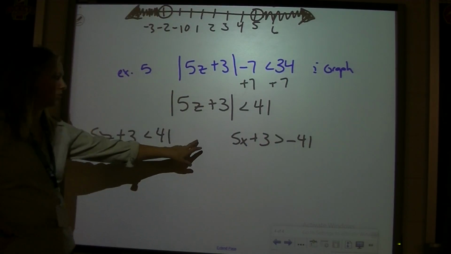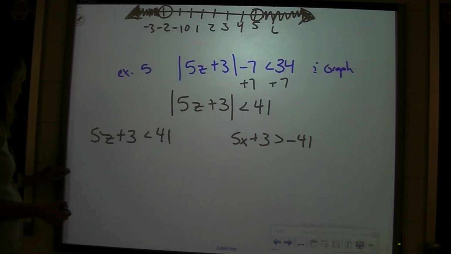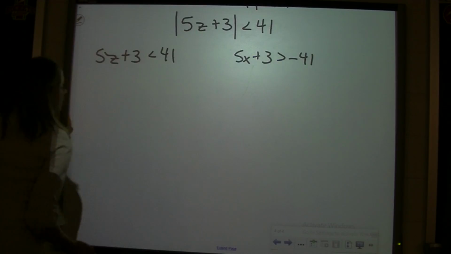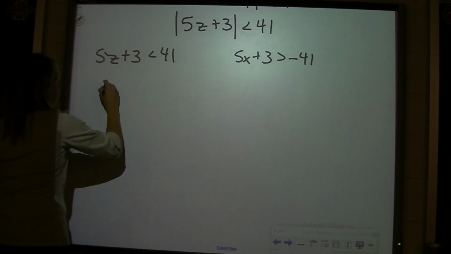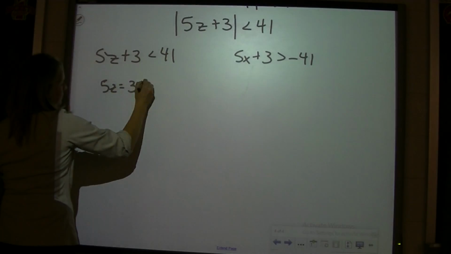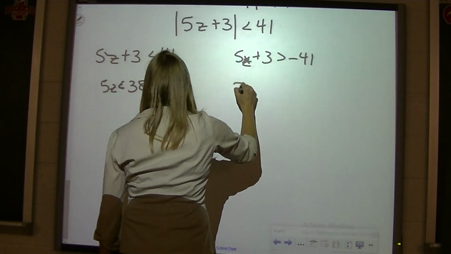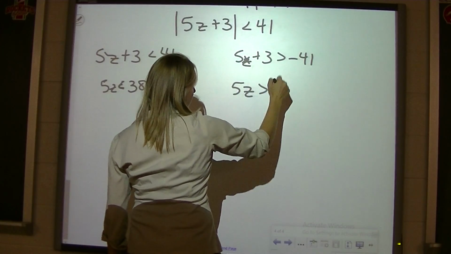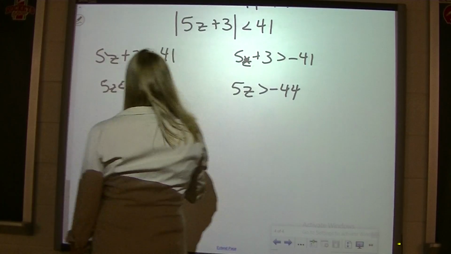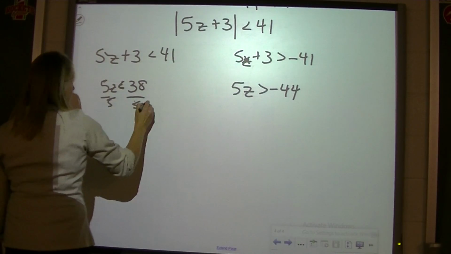Let's assume I don't know if this is an and or an or statement, so let's go through and solve it. Minus 3, so we'll have 5z is less than 38, and we'll have 5z is greater than negative 44. Divide by 5.